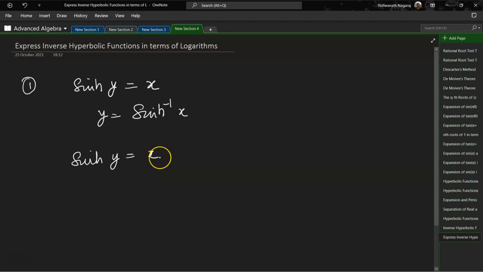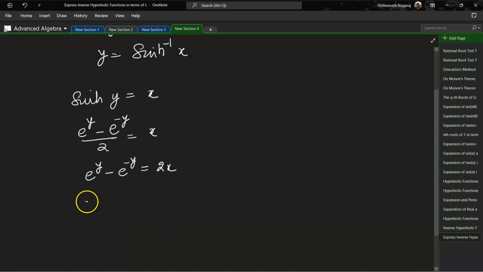Now with x we really can't do much, but with hyperbolic sine we can convert it into its exponential value. Remember, (e to the power of y minus e to the power of minus y) by 2 is equal to x, which means we can write it as e to the power of y minus e to the power of minus y equal to 2x.